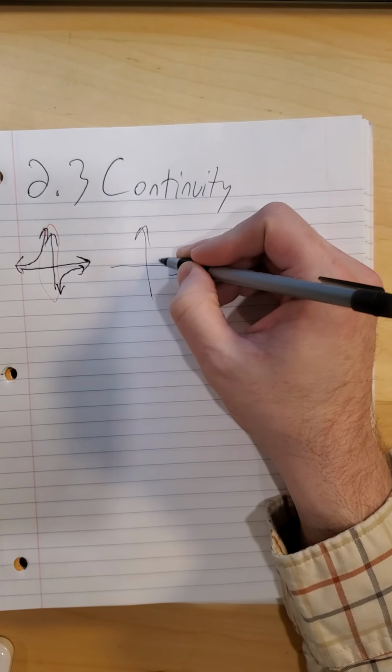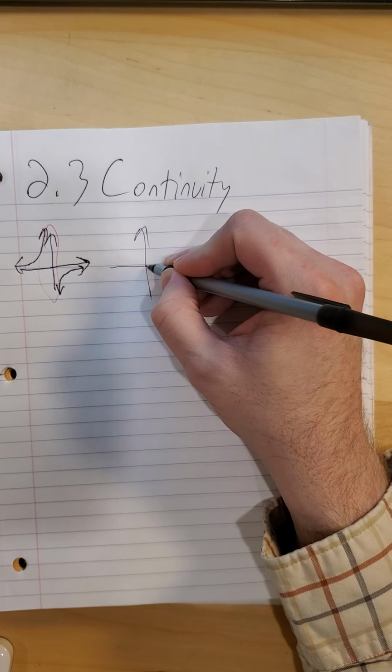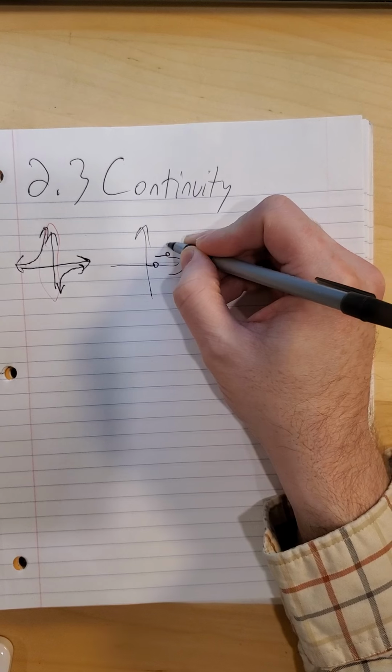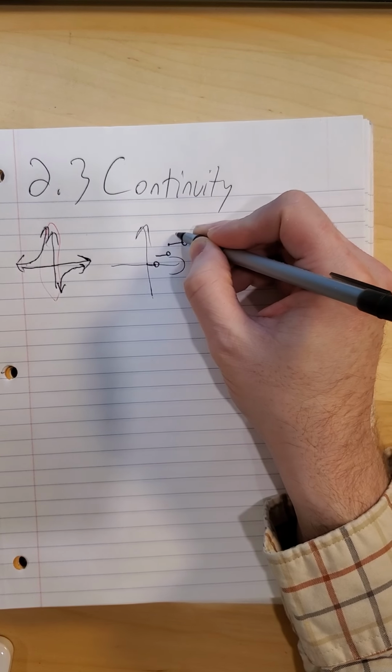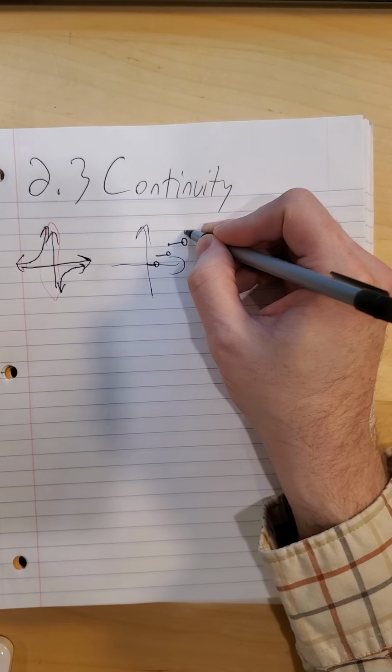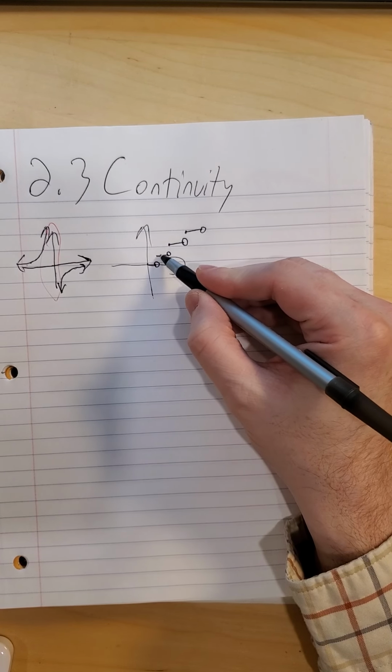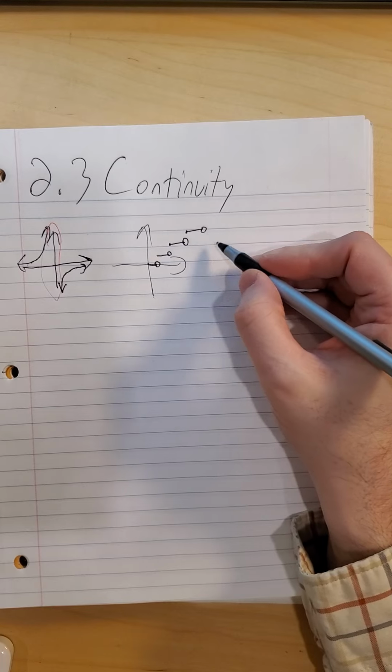The greatest integer function, if you've ever seen that one, looks like a step function. I'll just draw the quadrant 1 part and the x-axis part. Again, not a continuous function. We've got these gaps in here.